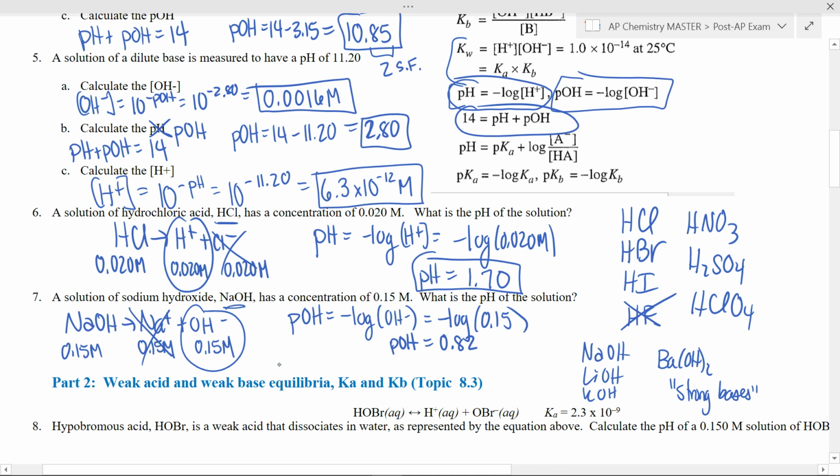So I got to do this next step using this relationship. pH plus pOH is 14. So to find the pH, I'm going to do 14 minus the pOH here. And so it's 13.18. And I'm rounding those all to 2 sig figs there. Because again, remember when you're doing log values, it's the digits to the right of the decimal that are significant. So that's with 2 sig figs.